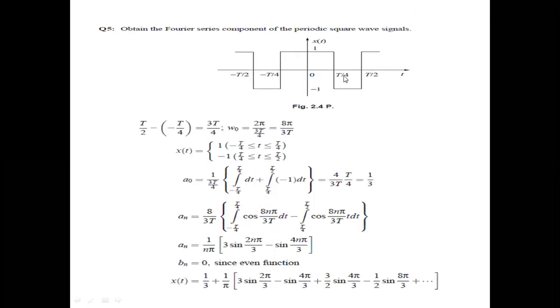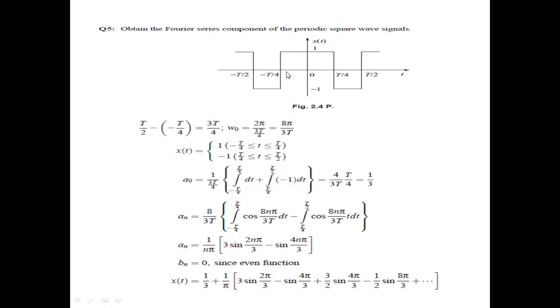Next thing, for the given periodic square wave, we can find out the Fourier series components also. The given x of t is equal to 1 in the range minus T by 4 less than or equal to t less than or equal to T by 4.